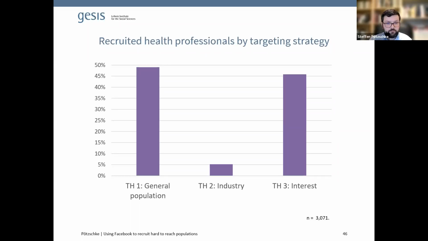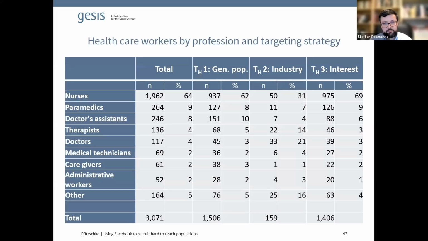On the contrary, the industry strategy did not work all that well in terms of absolute numbers, as we actually would have expected the contrary.